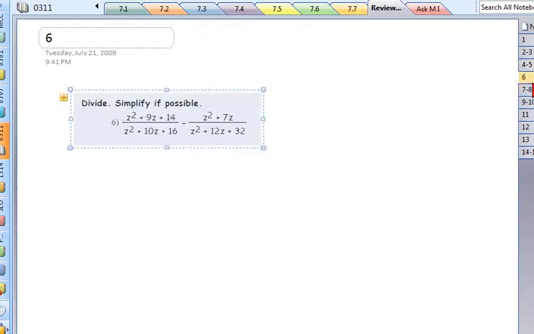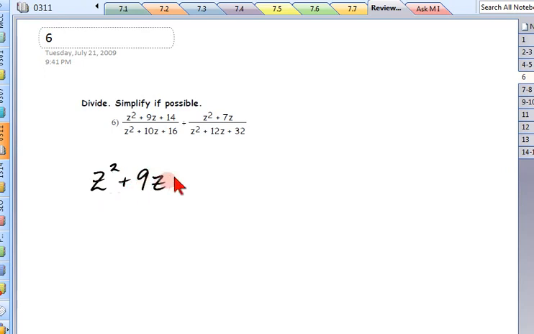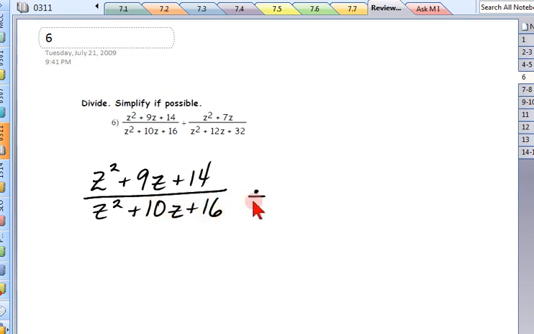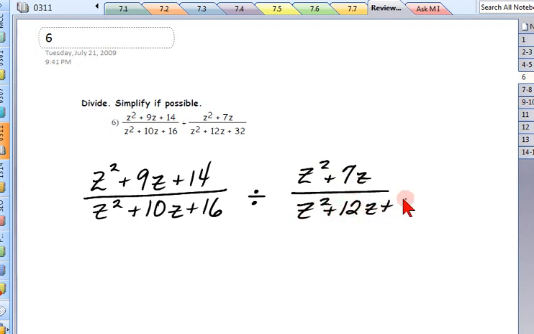All right, number 6. The instructions on number 6 tell you to divide and simplify if possible. So I'll write it larger. I have (z squared plus 9z plus 14) over (z squared plus 10z plus 16). This is divided by (z squared plus 7z) over (z squared plus 12z plus 32).